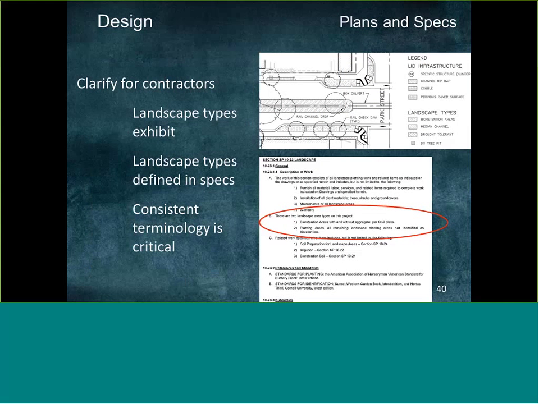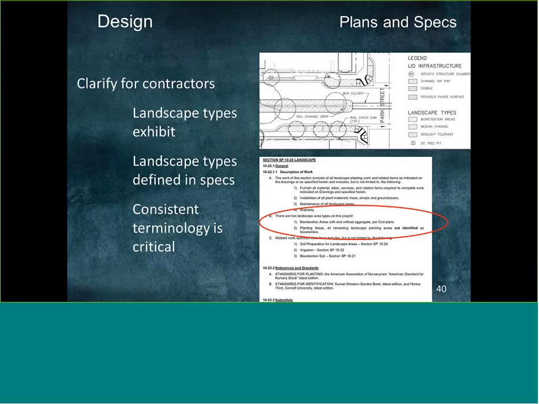Plans and specs are critical. These projects, these landscapes, look just like a landscape, but they're different. And so sometimes we need to provide additional information to move from design into construction. One thing that we found works really well is to provide an additional exhibit for the contractor that identifies on the site all of the areas that are bioretention and regular landscape.